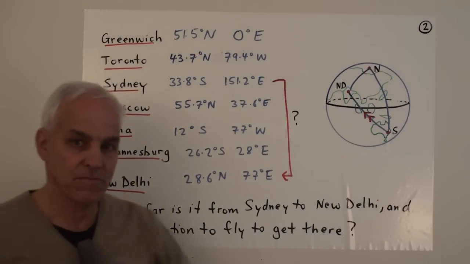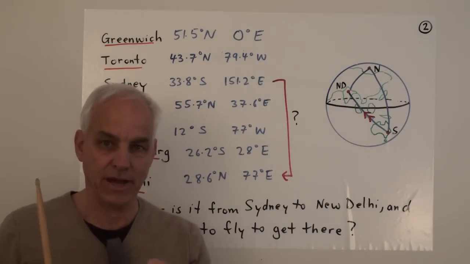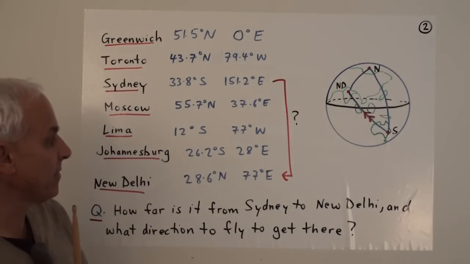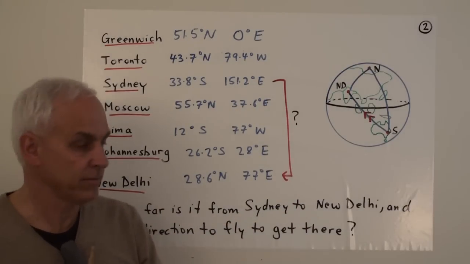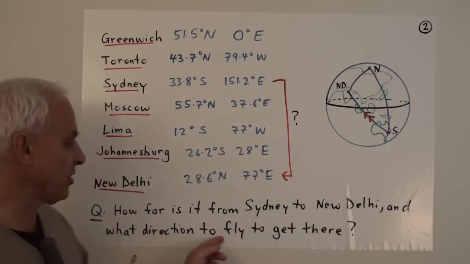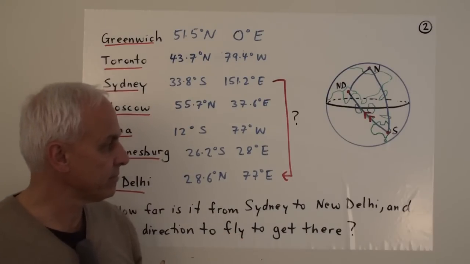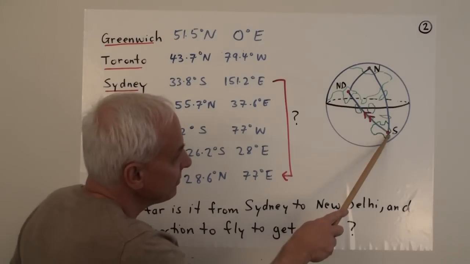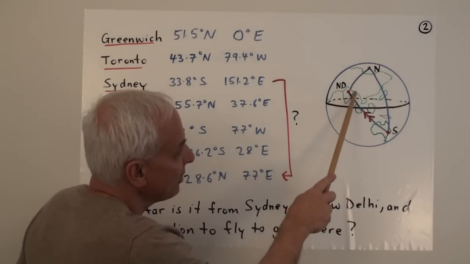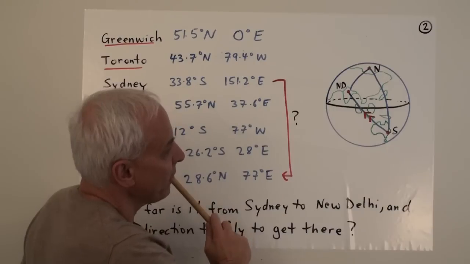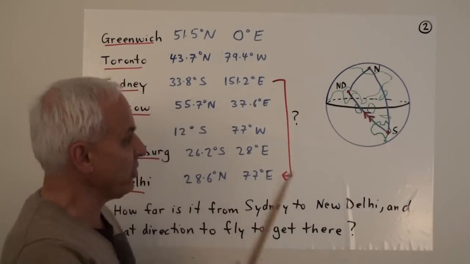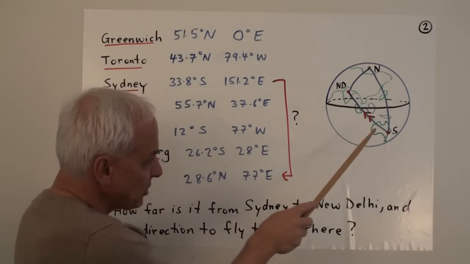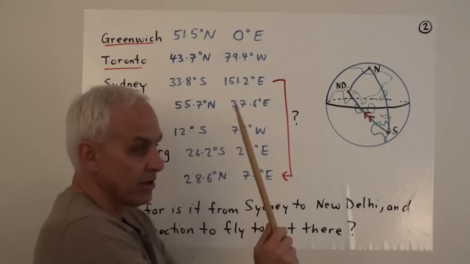So I'd like to calculate something now. I'd like to calculate how far it is from Sydney to New Delhi, and what direction we have to fly to get there. So here's Sydney, and here's India, New Delhi up there in the north. N represents the North Pole in this picture, and we're interested in flying from Sydney to New Delhi.